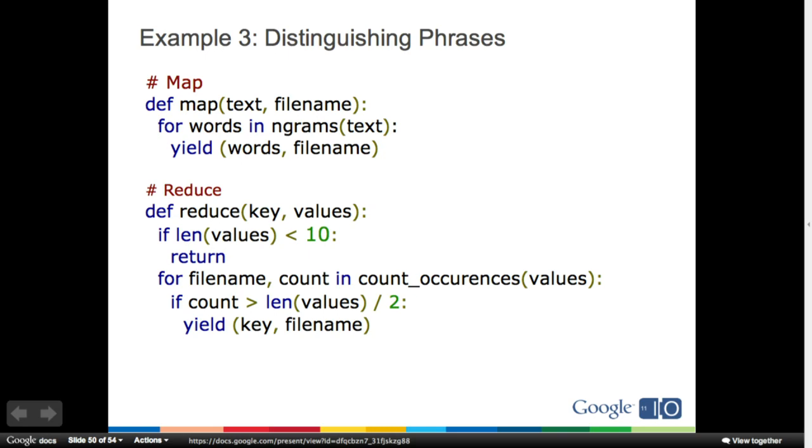And for reduce, the first thing we're going to do is check if this phrase is actually frequent. We're not interested in something that an author used only once. So we check if it occurred 10 times. Then we're going to check if a single author, or a single book, has this phrase more than every other book combined, which means that this is really unique to this book because it's more than everyone else.